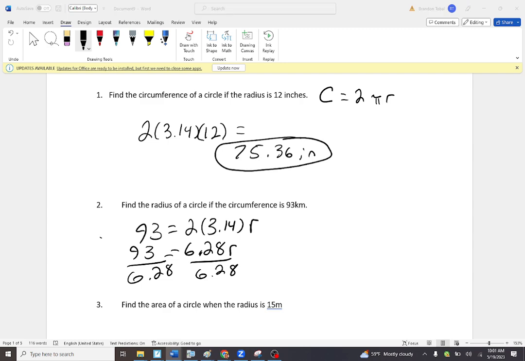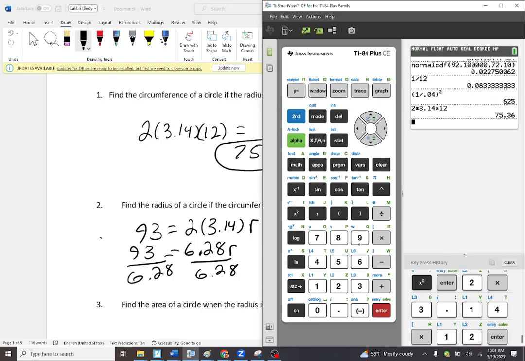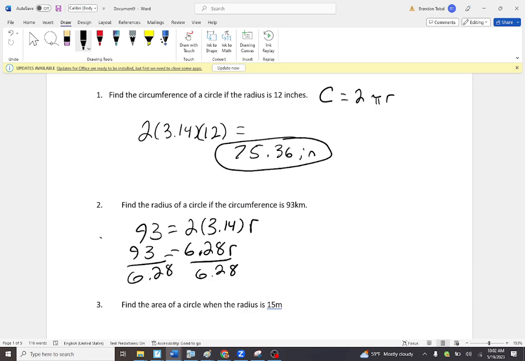The only reason I'm doing it in the calculator on the video is just to make sure it's clear what I'm doing. 93 divided by 6.28. That's 14.8. Is that r? Yep, this is r.